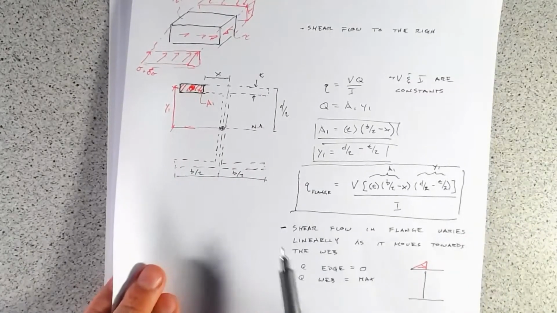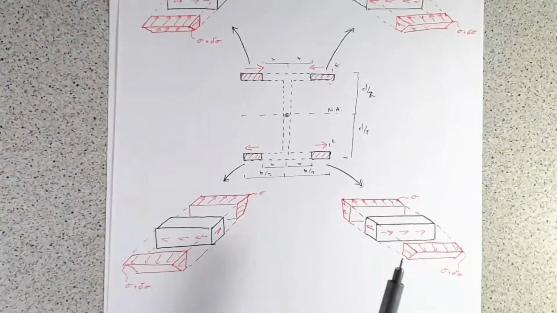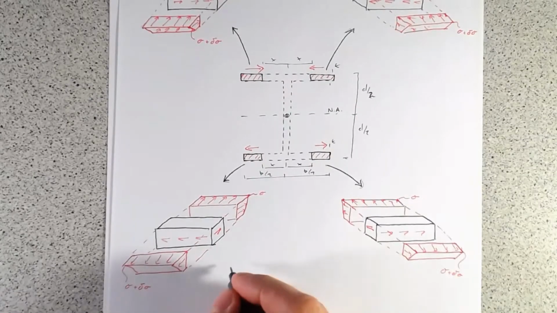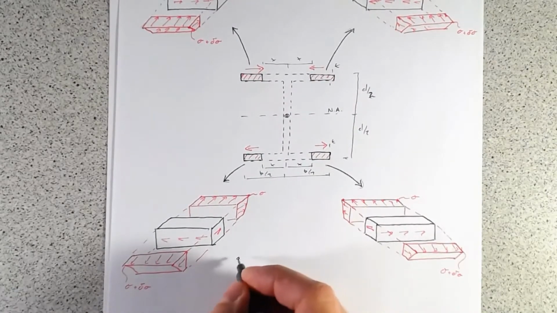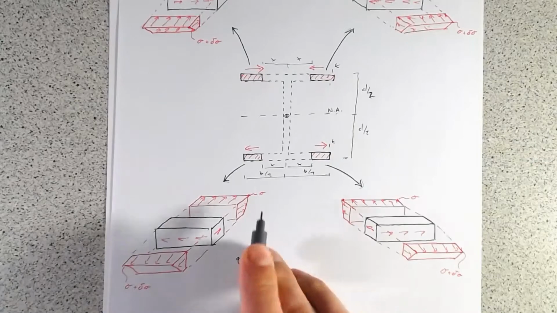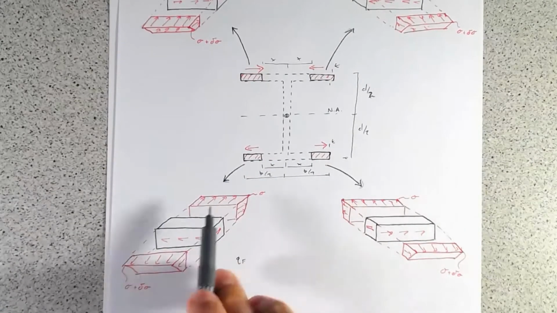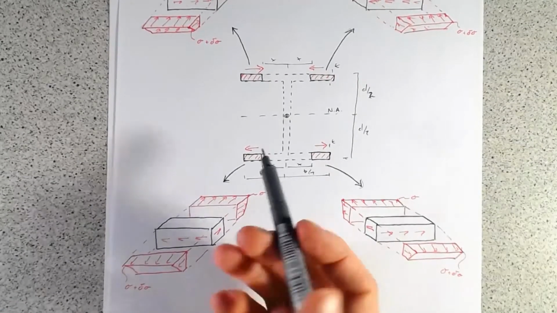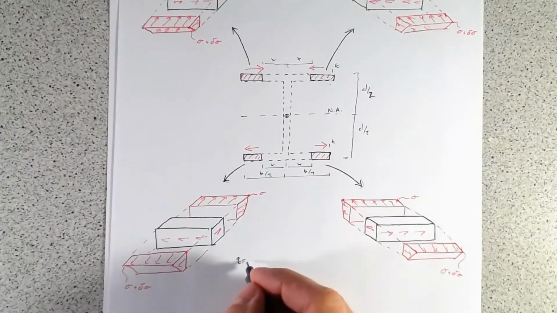It's the same variables. So our shear in the flanges are all going to be equal in magnitude with respect to distance away from the web, or conversely, distance away from the edge.